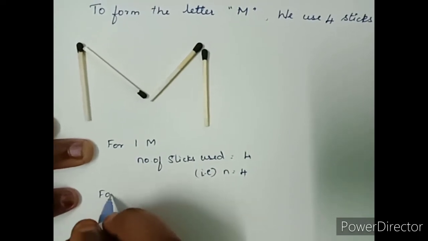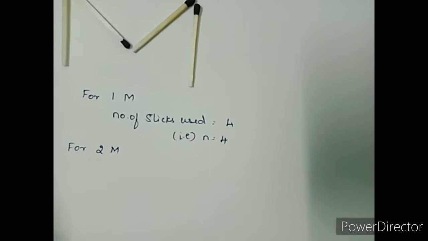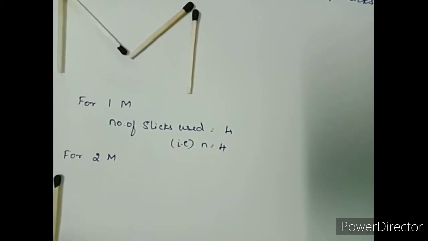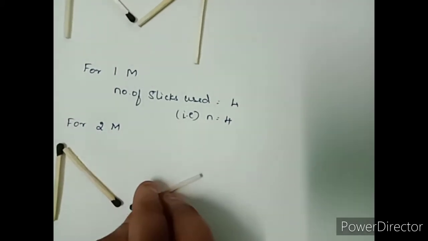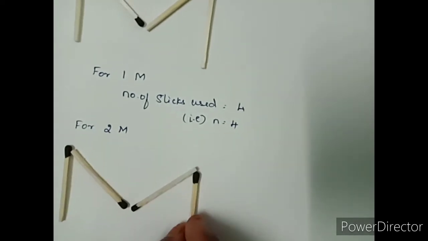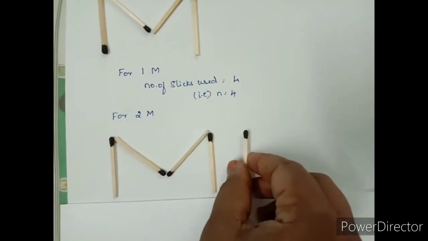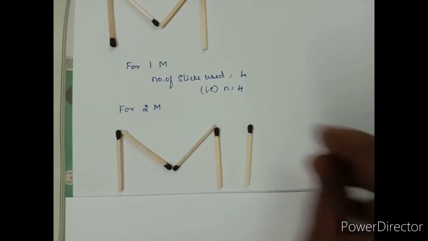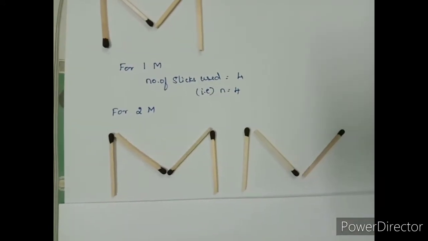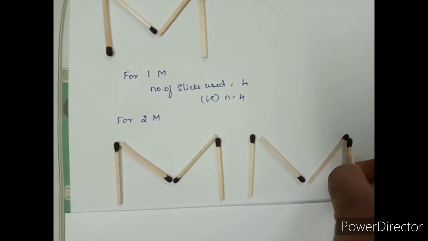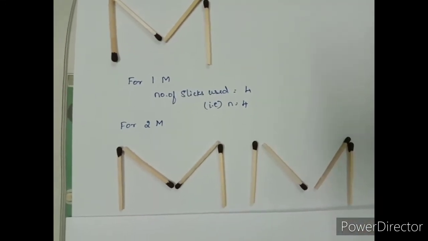For 2 M, how many sticks will I be using? See, I have formed the first M. For 2 M, I'm using the next 4 sticks. See, the second M is ready.